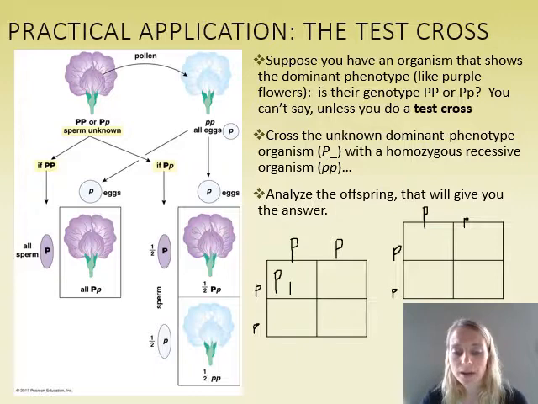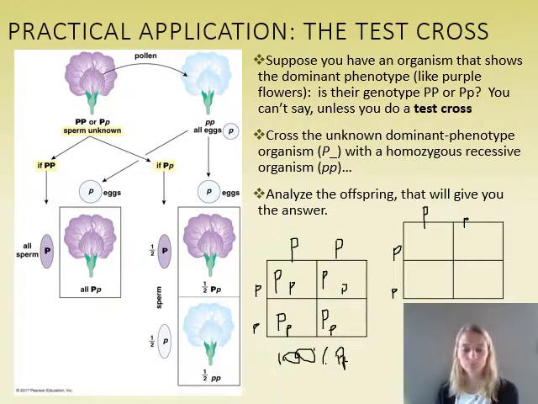So in this first mating, where we have a homozygous dominant potential mating with our true breeding homozygous recessive, take a look at what we get. 100% of the offspring are heterozygous. Okay, so 100% of the offspring are going to be purple.